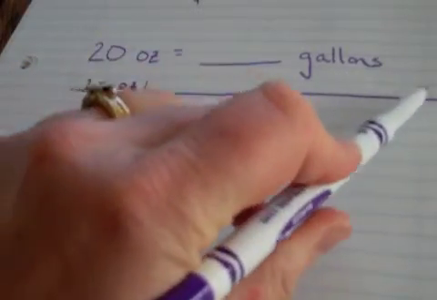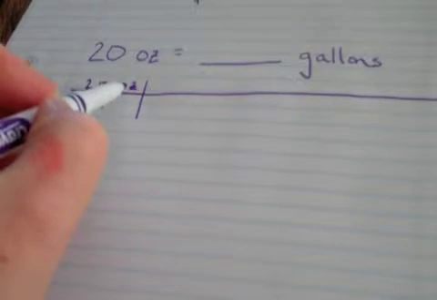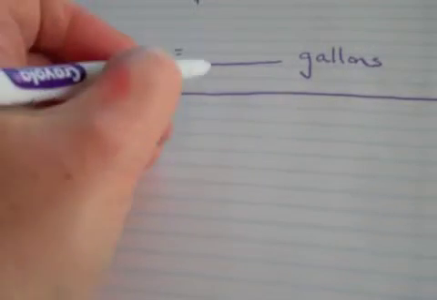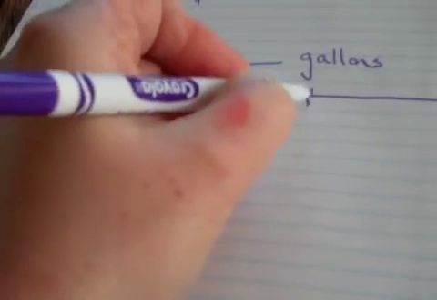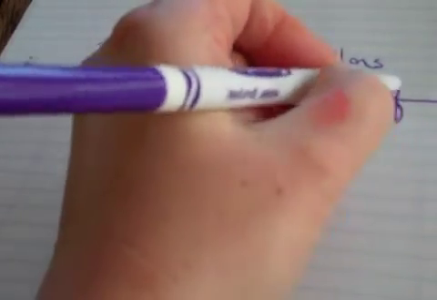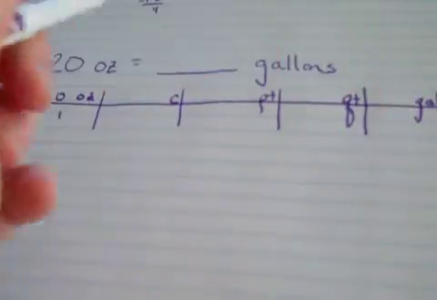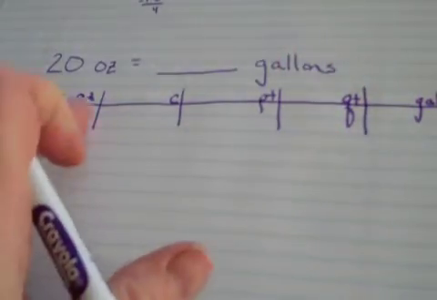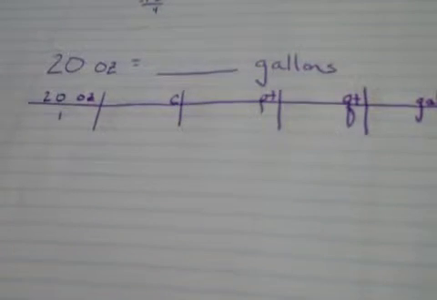So I'm going to go across here the way I would go up my ladder. Again, I have to first turn my ounces into cups, then my cups into pints, then those pints into quarts, and finally, those quarts into gallons.